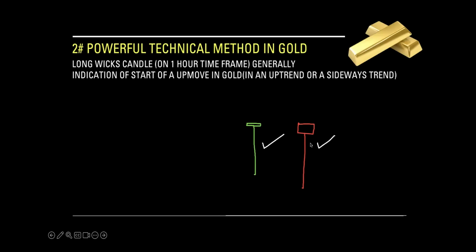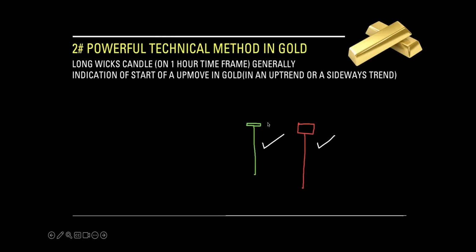If you have been following me on YouTube, you know I'm not a big fan of pin bars. I don't give too much importance to pin bars. I talk about the full body candle. Even in my day trading course or scalping course, most of the time I give the most importance to the full body candle.